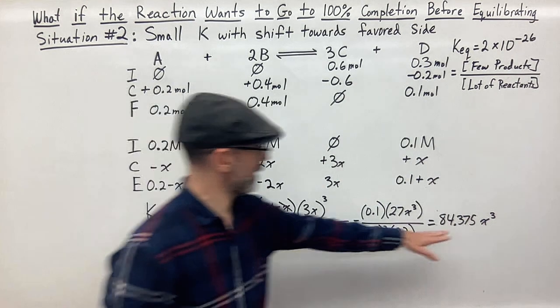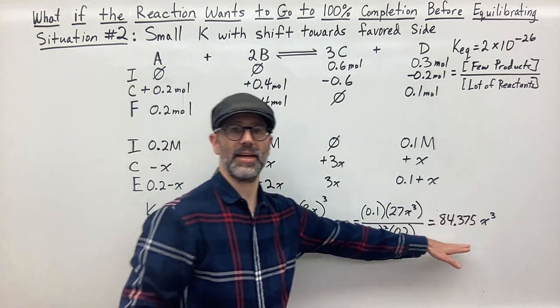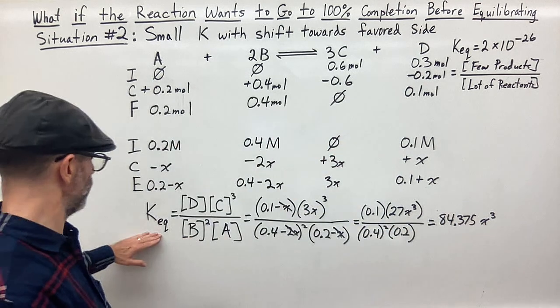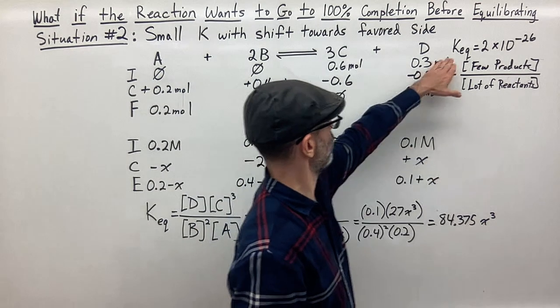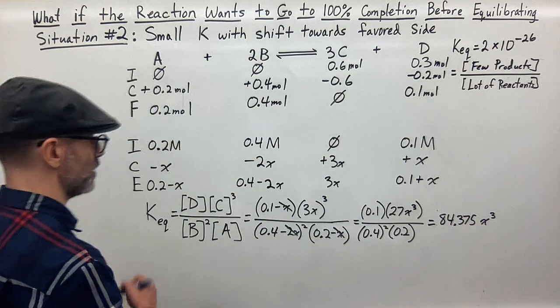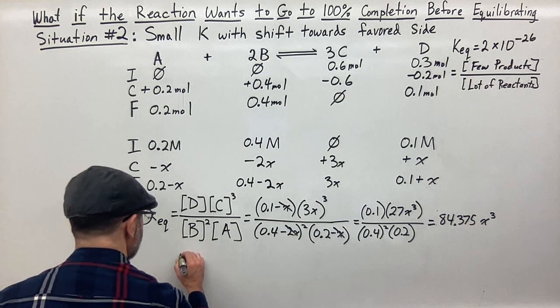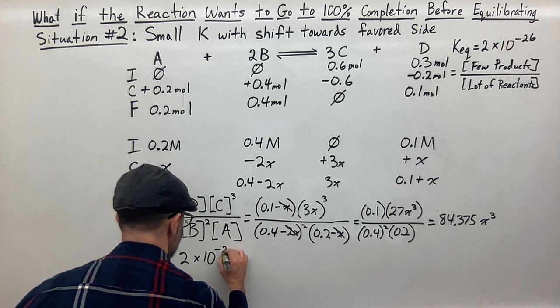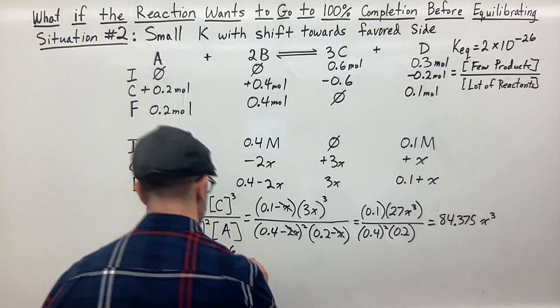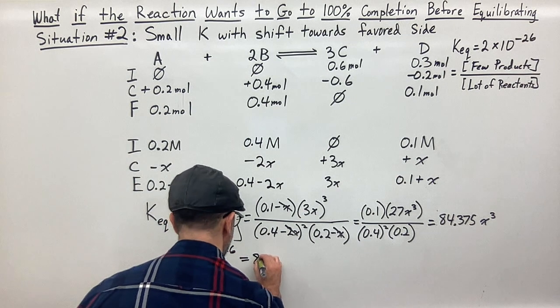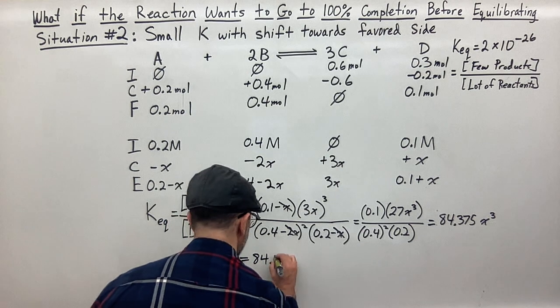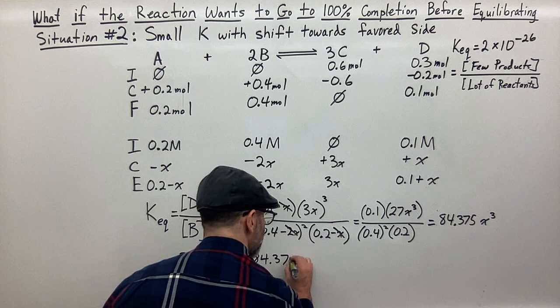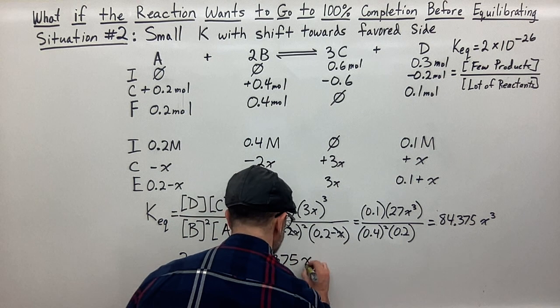So now I can set this equal to K. So this is equal to K_eq, and my K_eq is 2 times 10 to the negative 26. So now I have 2 times 10 to the negative 26, and that's going to be equal to 84.375 x cubed.